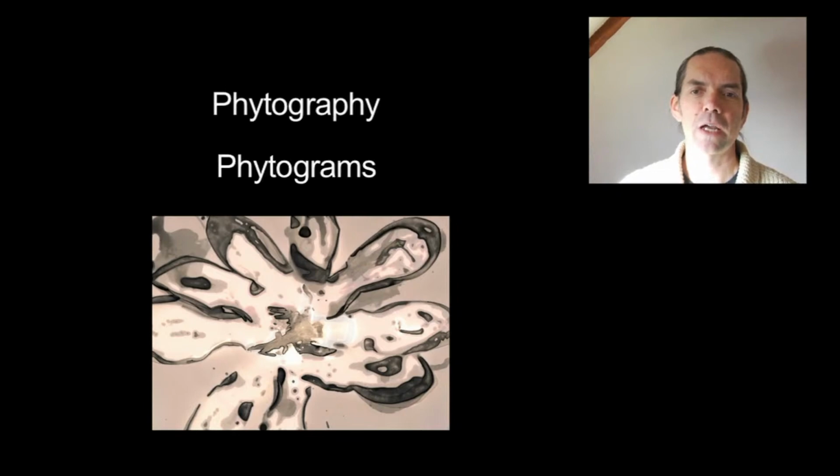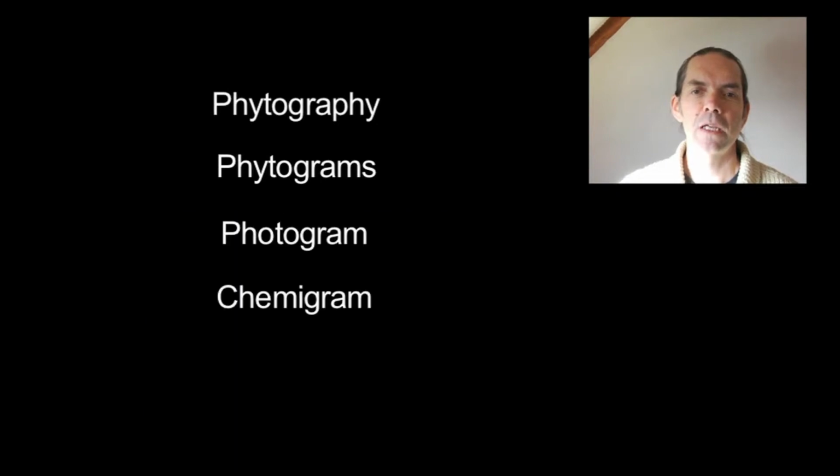I have coined this technique phytography, and the images are phytograms. This technique can be placed in a broader context of alternative photography, resembling both classic avant-garde techniques such as the photogram and chemigram, and contemporary bioart that uses bacteria or algae in a process known as biophotography.